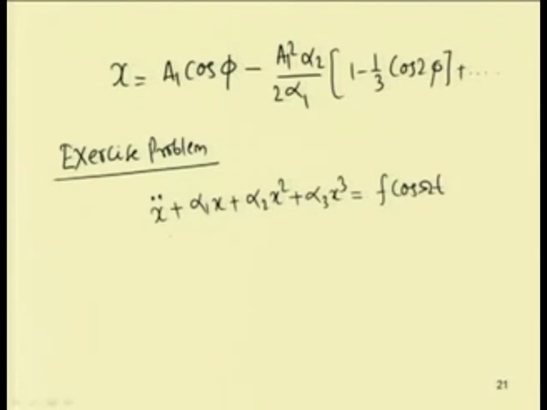Here take a two term expansion, and while expanding take care of this external frequency term also. By taking care of this external frequency term, one can find the solution of this equation using the harmonic balance method. Thank you.